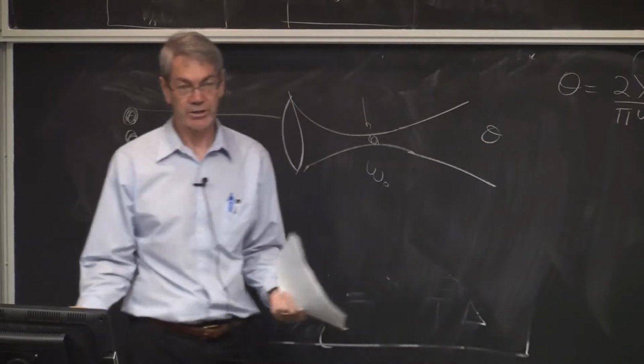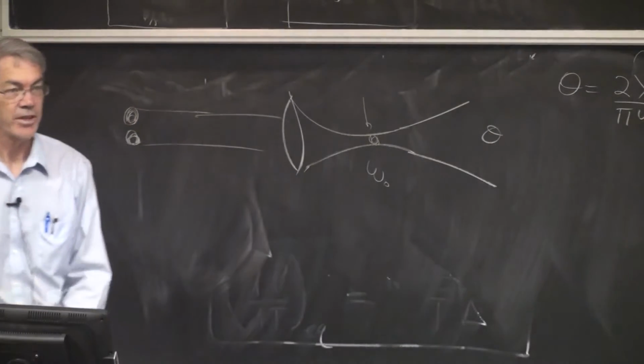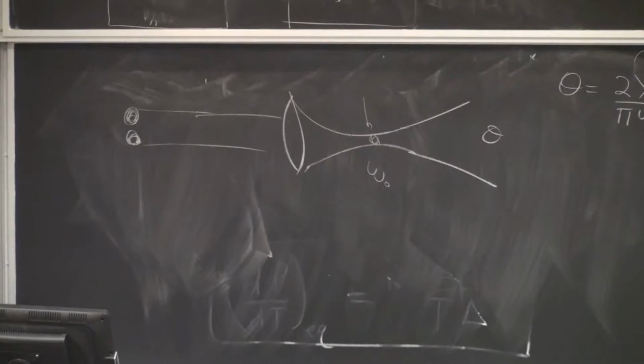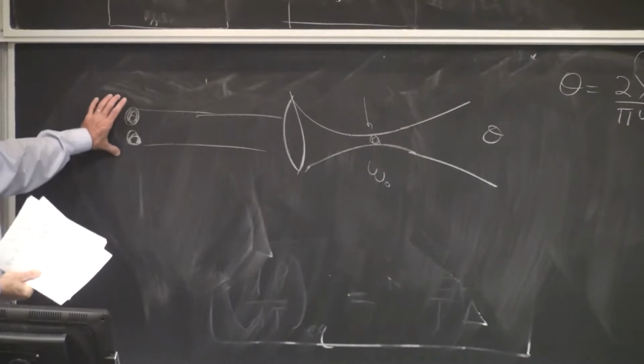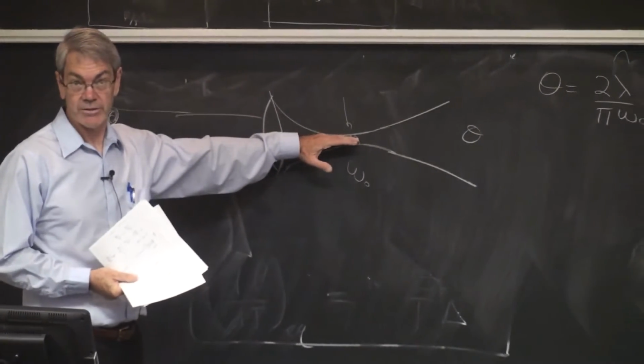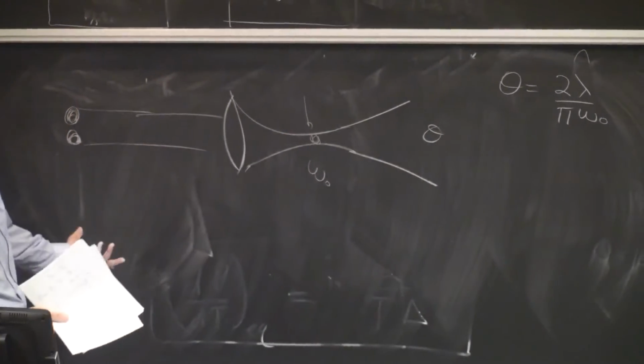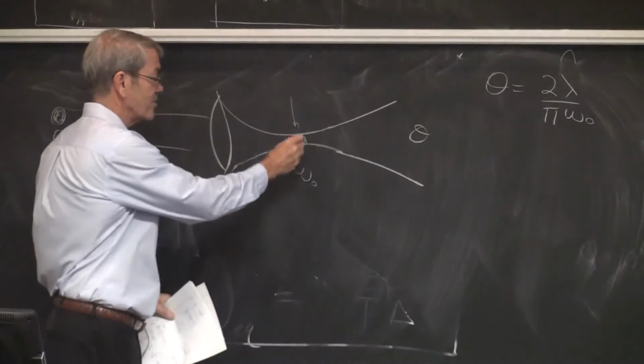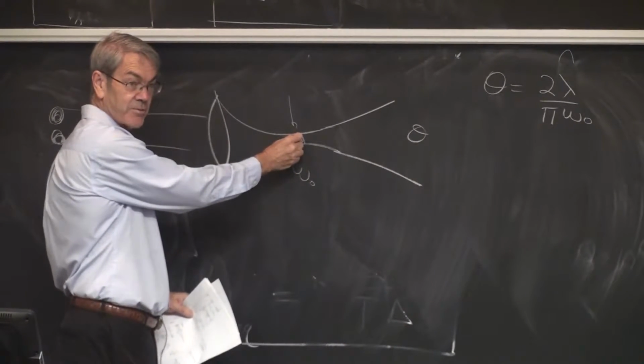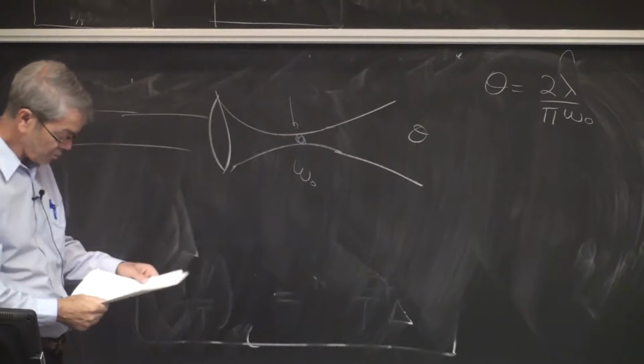So I've got to figure out omega naught. And I'm going through a lens, so omega naught's changed. I have some omega naught here, it's big, but going through the lens it changes. So I've got to figure out the new spot size. Does that make sense? So you have to run the thing through the lens.